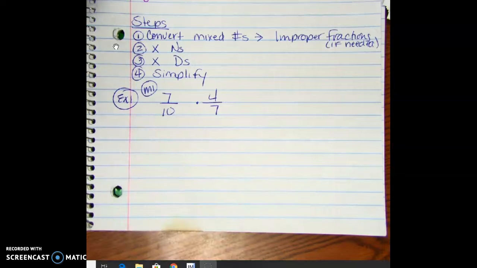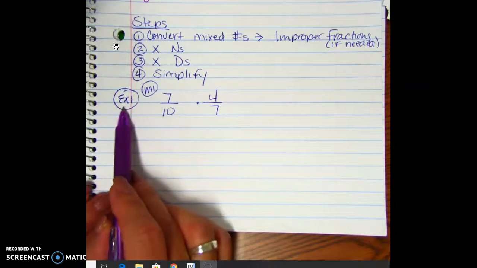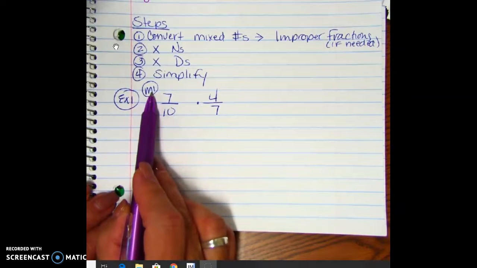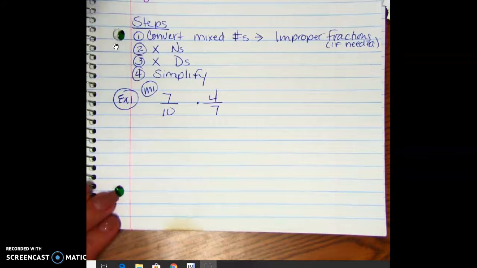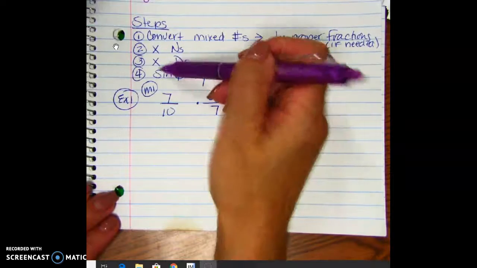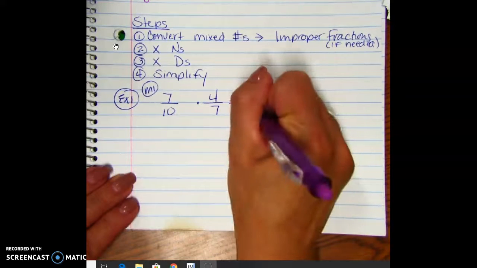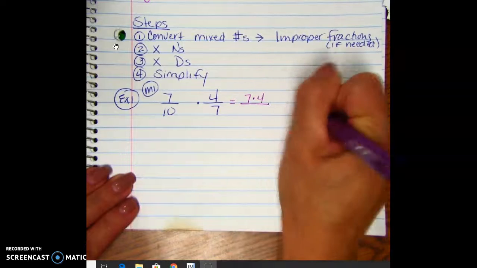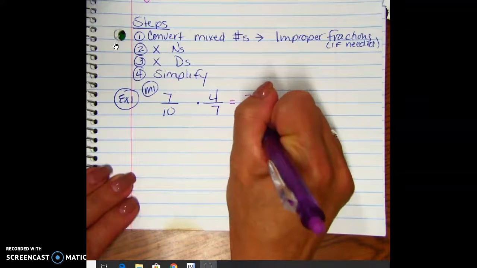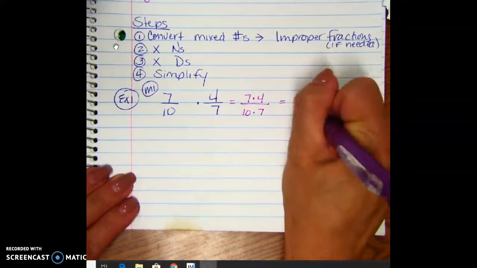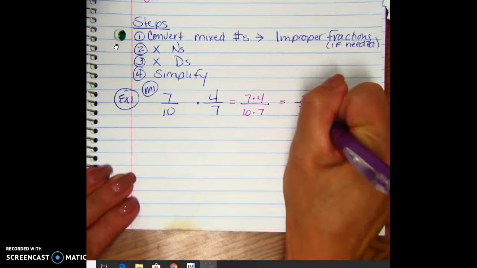So here I have a problem. It's 7/10 times 4/7. It's example 1, but look at how I wrote M1, because there's 2 different ways I'm going to show you to follow these steps. So first, we multiply our numerators, and then we multiply our denominators, and we end up with 28/70.